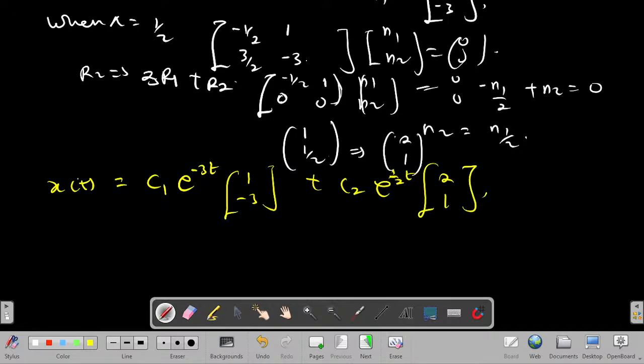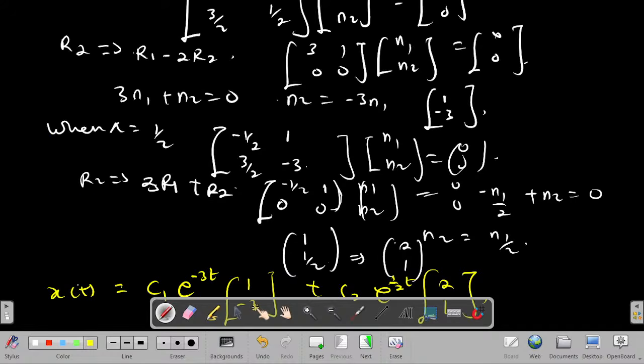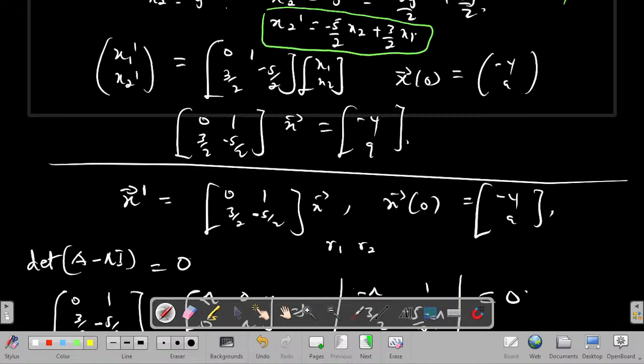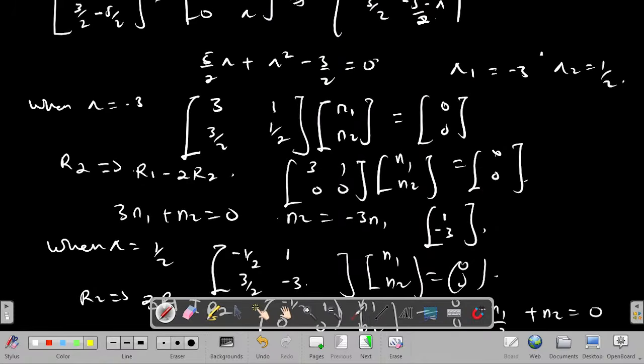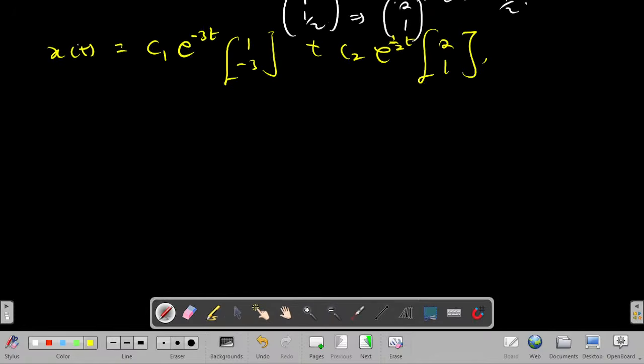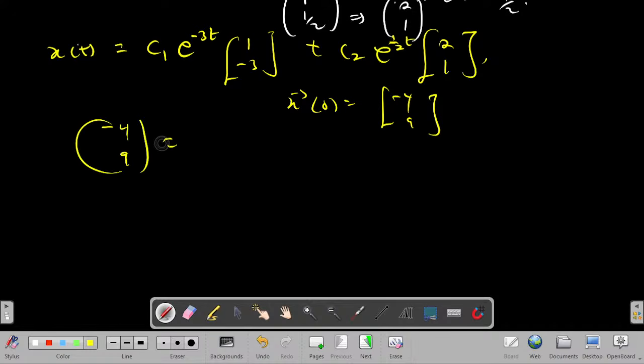As simple as that. But we were given initial conditions, please remember. And the initial condition said that our x of 0 is what? Negative 49. So we can apply our initial condition and get rid of what this is. So I'll say that x of 0 is equal to negative 49. Is that not it? Therefore, I'll have c1 multiplying 1, negative 3. When I put 0 here, the exponential becomes 1.